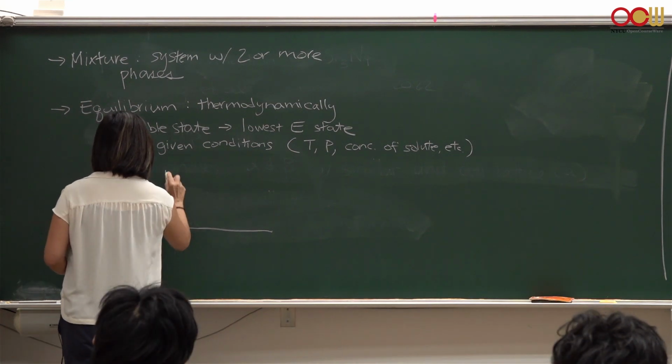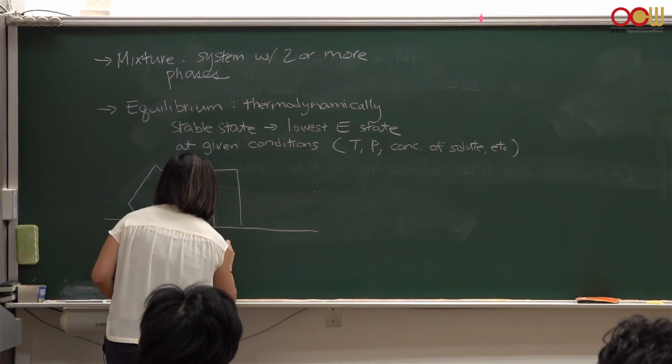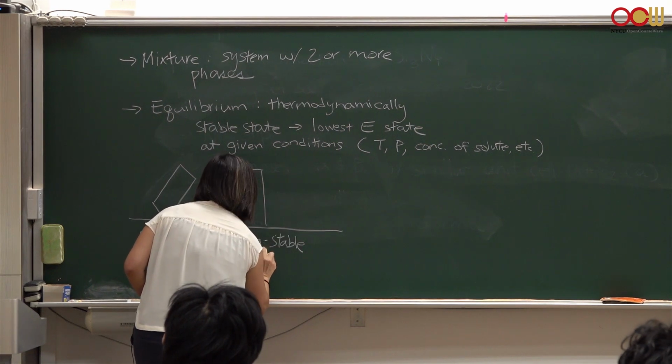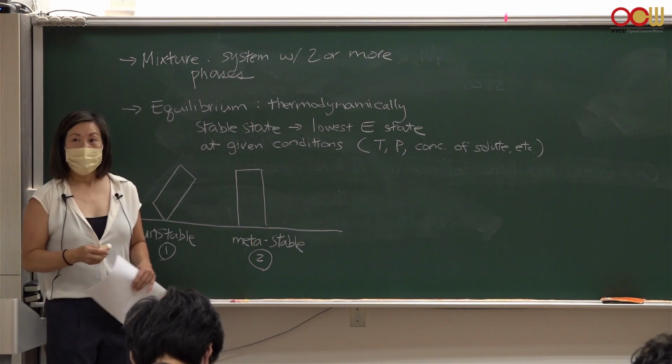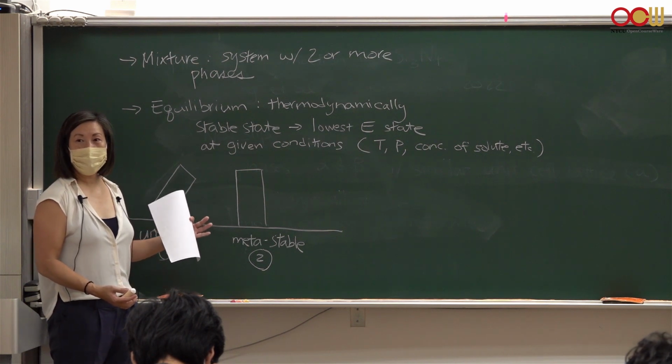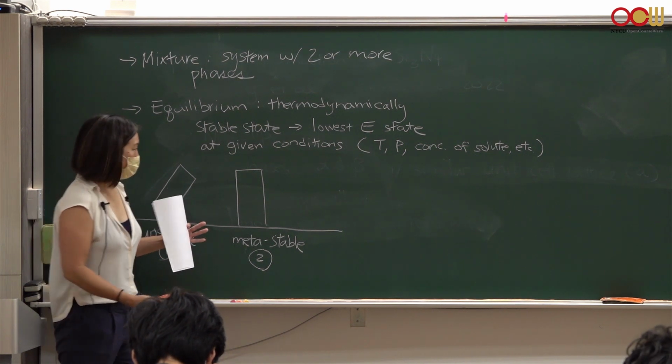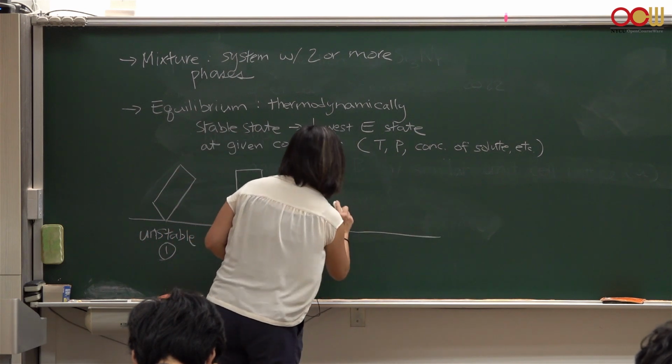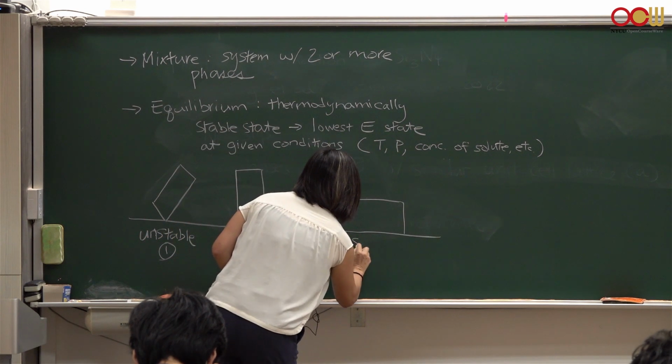Then you can have the block sit like this. This is called a metastable state. So condition number 2: this block will sit here for a long time, but it is not at its lowest energy state, right? The lowest energy state is this way. So this is a stable state.